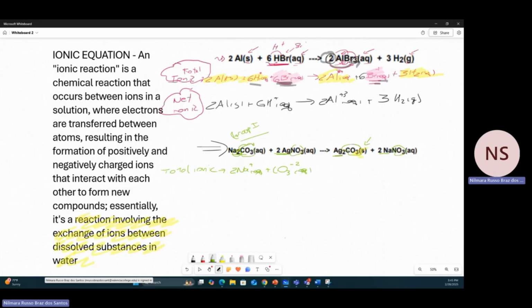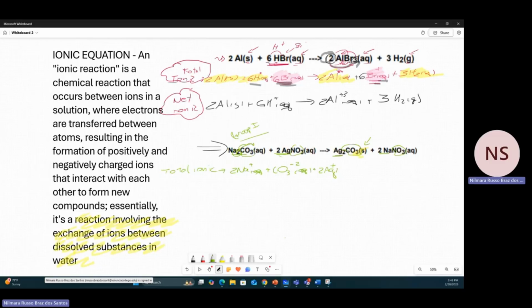Then I have this here, 2 silver. And silver, as I asked you to memorize, is one of the elements that is +1. Silver is a transition metal, but it has a fixed charge. So it's a +1.